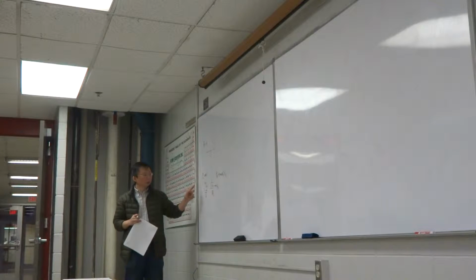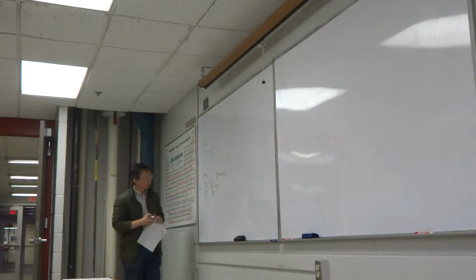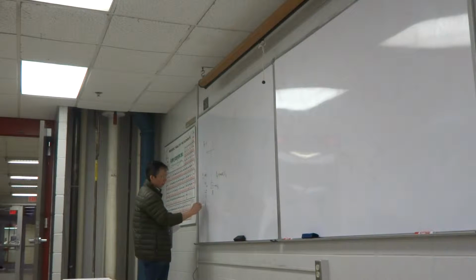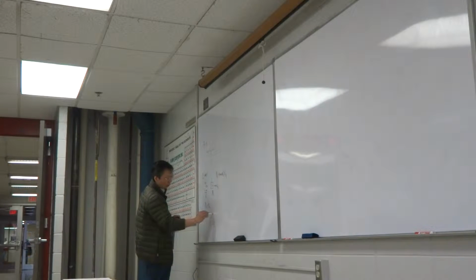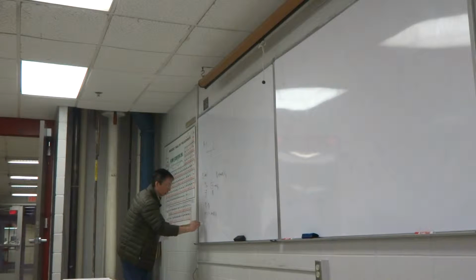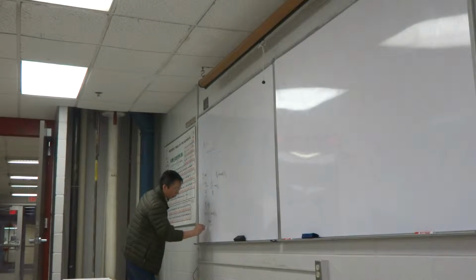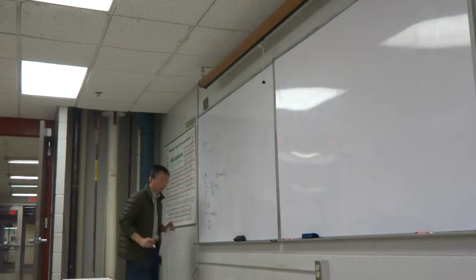Okay? So the initial momentum equals the final momentum. Then you get mv equals (m plus M) Vf. Then you can solve for the final speed of the two objects: Vf equals mv divided by (m plus M). Okay?